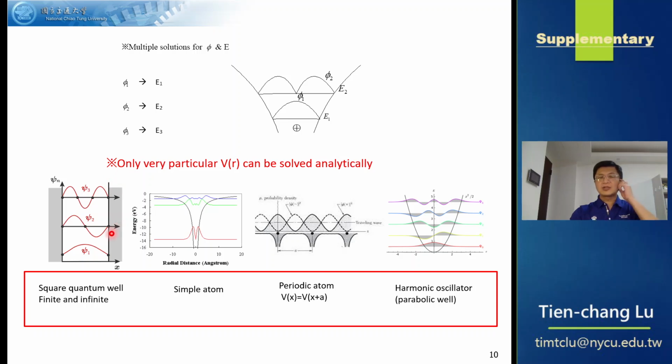The energy separations depend on the principal quantum numbers of these quantized states. So the square quantum well, with finite and infinite potential barrier, allows us to solve the wave functions and the eigenenergies analytically.